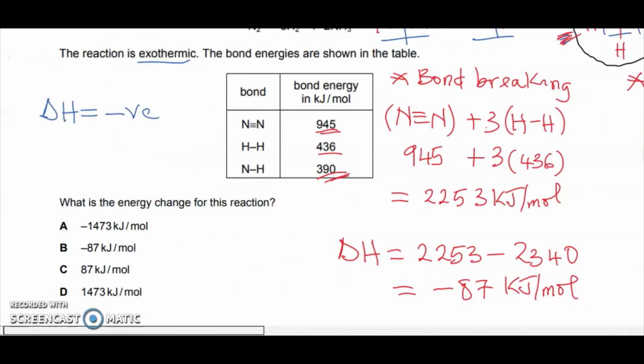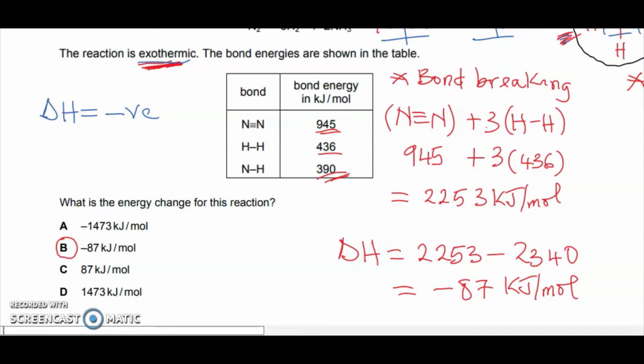So let's look at the different options we have here. You will see that B is the correct answer, and that ties with the information we're given in the question. Remember, we're told that the reaction was exothermic, and our enthalpy change is also negative, confirming that the reaction is truly exothermic.